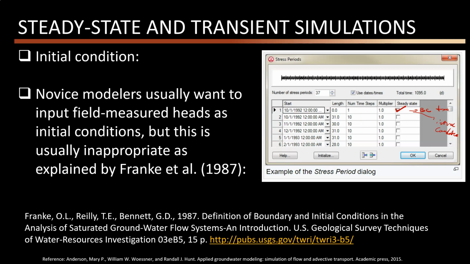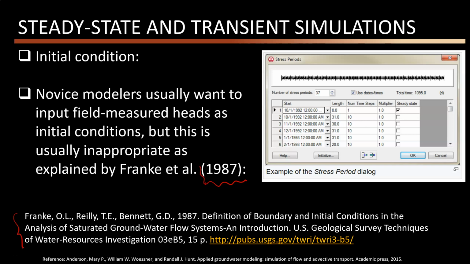Usually the model does not converge with a manually input initial condition, but not necessarily. I mean, there are cases where it works. If you want to learn more about the philosophy and why we do this, you can read this paper.